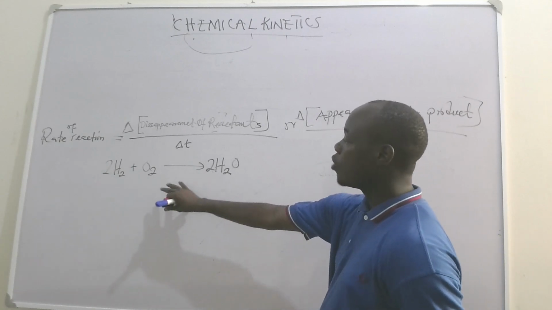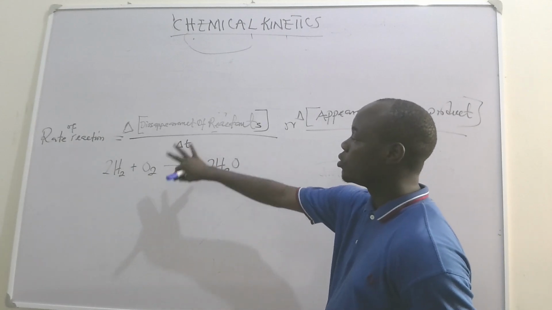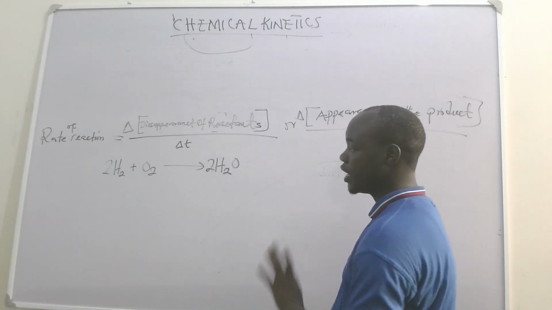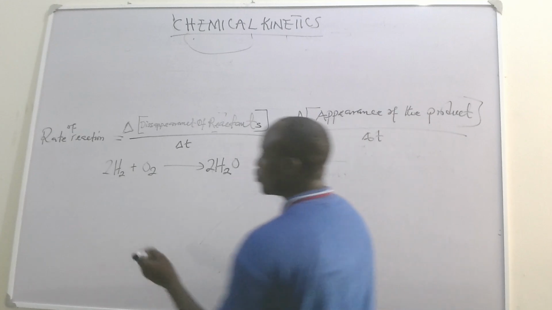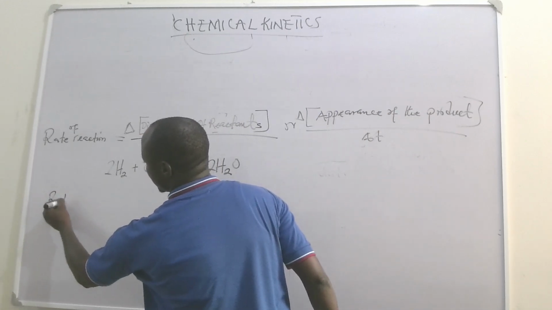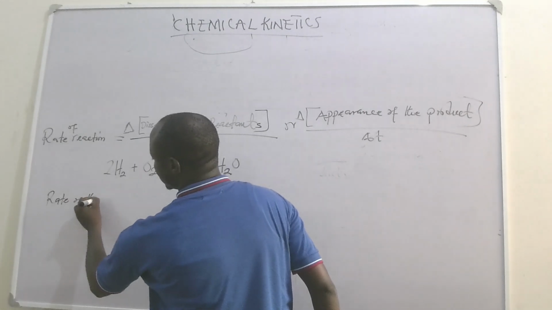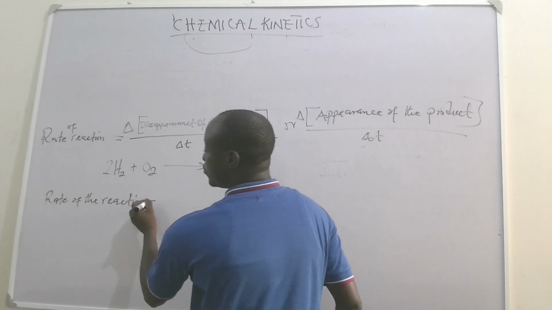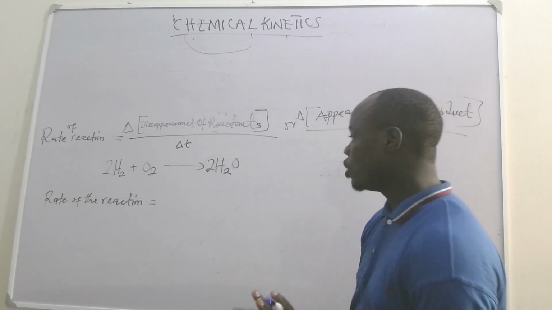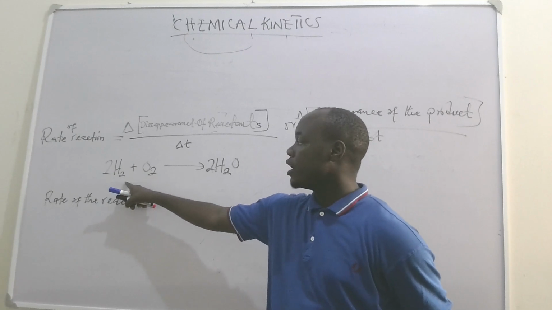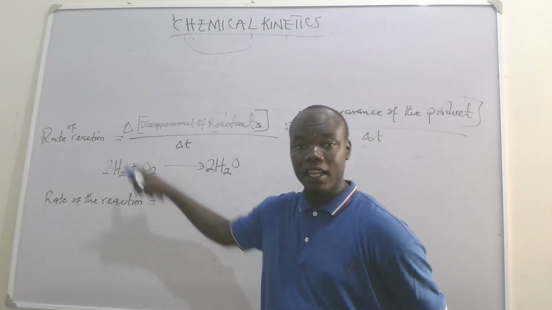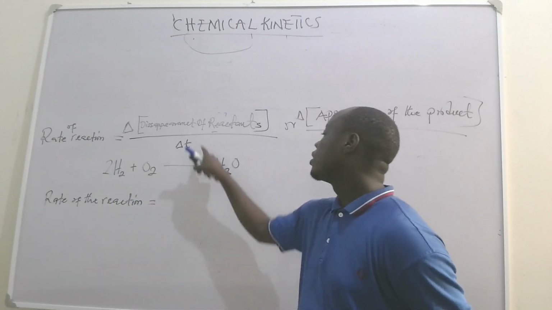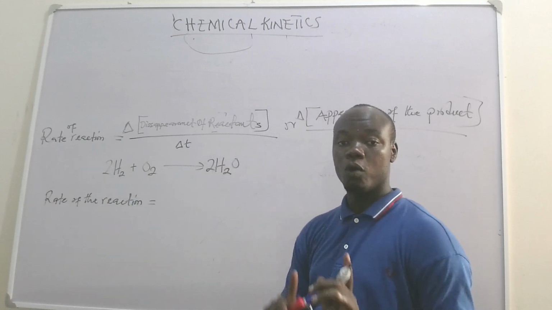So how are we now going to measure the rate of this reaction? It is simple. The rate of the reaction can be measured in two ways: either by measuring the disappearance of this reactant or the appearance of the product with time.